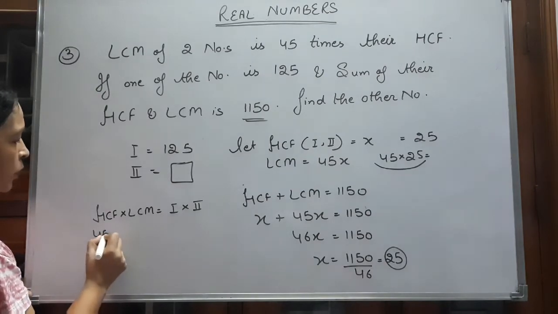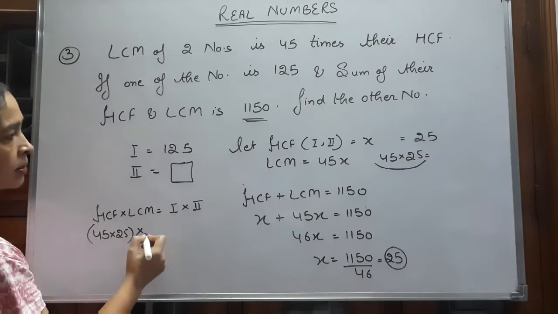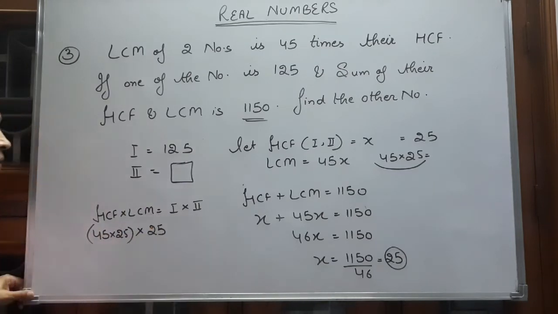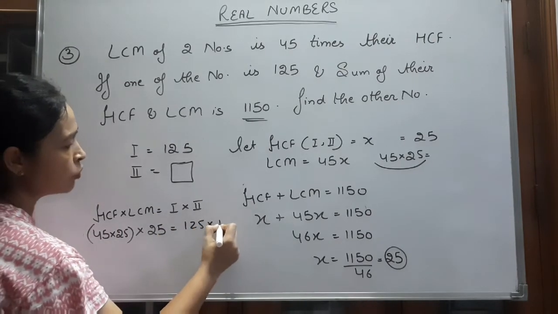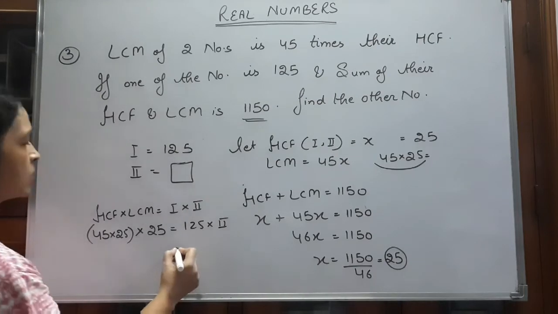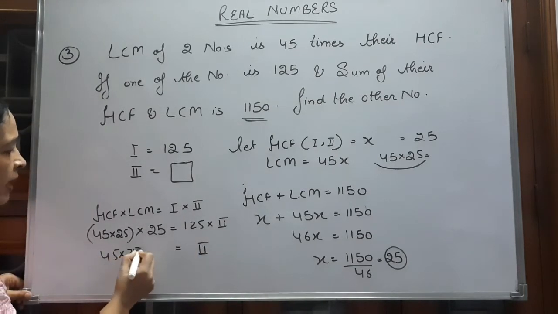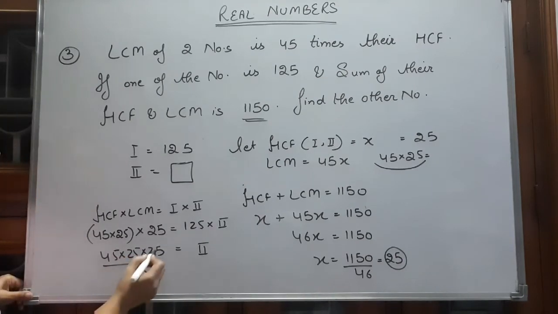This is LCM, 45 into 25, and 25 is HCF. First number is 125, we have to find the second number. So second number will be 45 into 25 into 25 by 125.